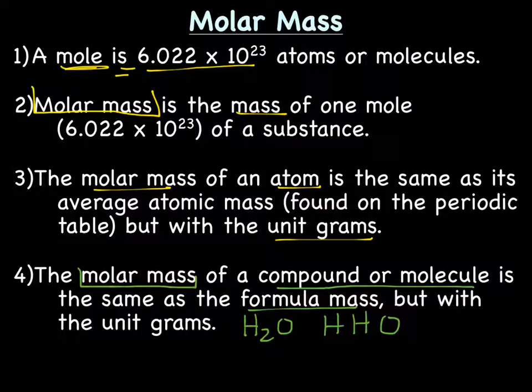So, to get the formula mass, we would add up the mass of 2 hydrogens, each of which has a mass of 1.01, and 1 oxygen, which has a mass of 16.00. So the formula mass of one water molecule would be 18.02, and the units would be AMU.